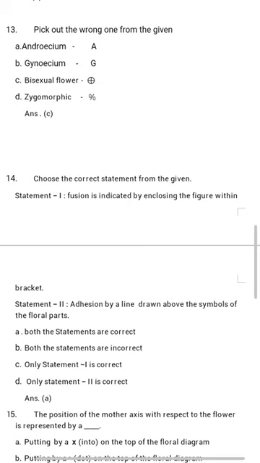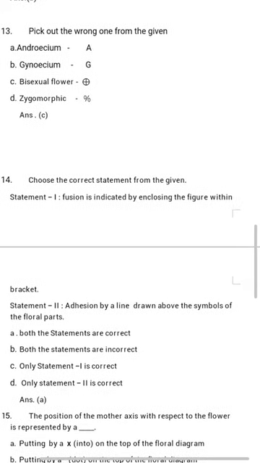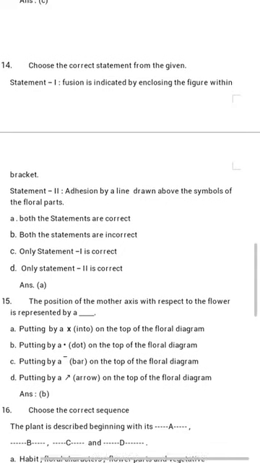That is bisexual flower. Understood? So the wrong one is option C from the given four options. Zygomorphic is indicated with a small code, briefly, it is nothing but a percentage symbol. Understood? So the correct option for this question is option C.